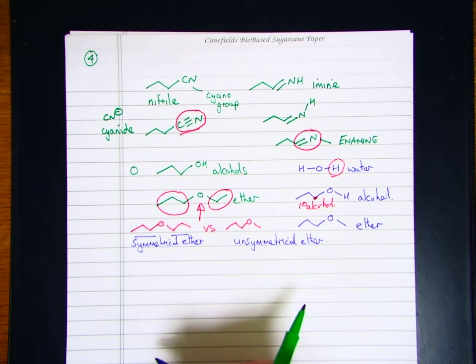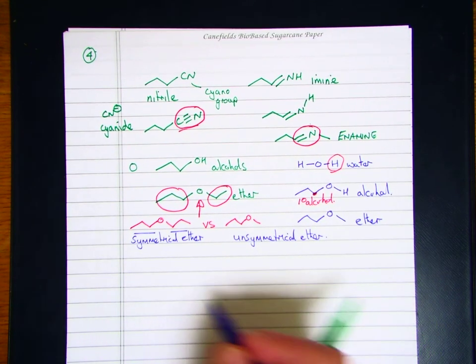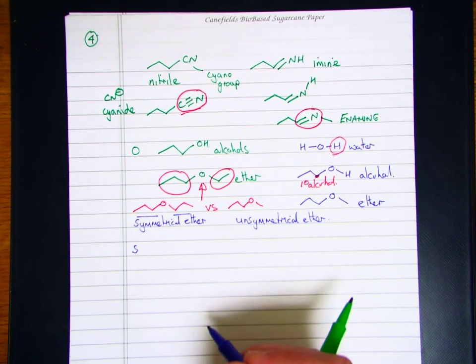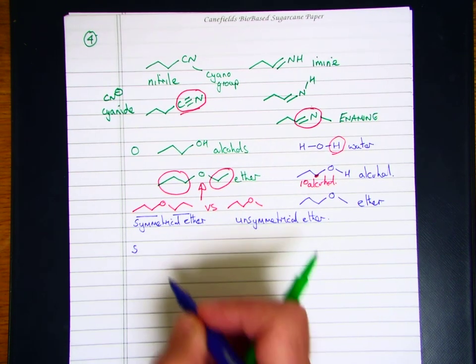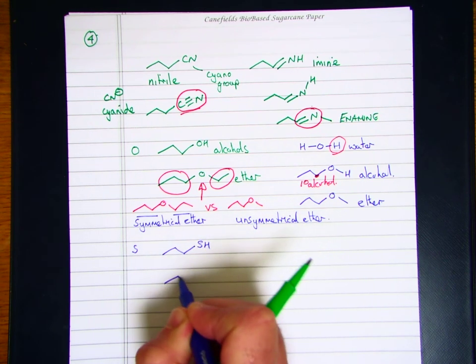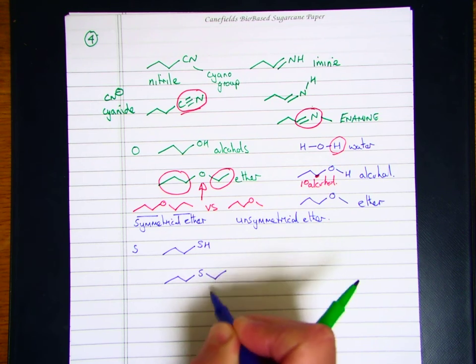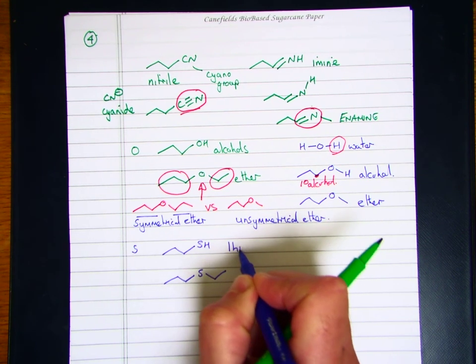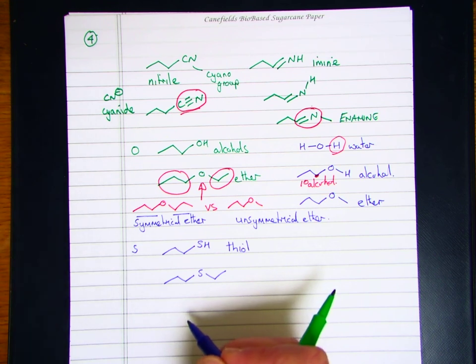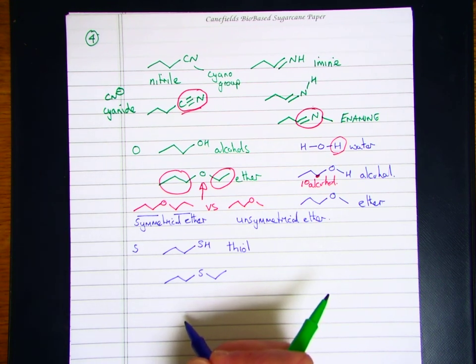Does that help? Now, if we look closely at our periodic table, below oxygen is sulfur, and we know elements in the same family undergo very similar reactions. So let's introduce some sulfur derivatives. This is called a thiol, and thiols are known to have very strong smells. These are the ones used to make natural gas smell, so we can detect it.